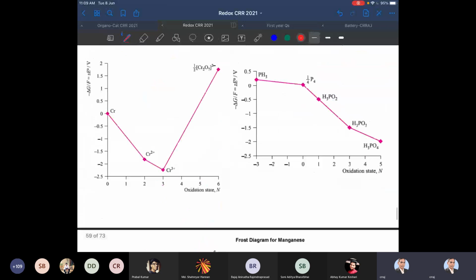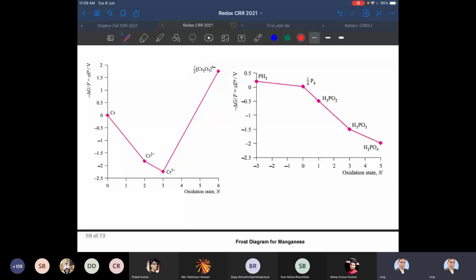Now look here. I brought the other diagram. That's chromium. Now read this. Let me ask Abhishek Kumar. We have limited time, but still I want to. Abhishek Kumar, read the chromium Latimer diagram and tell me.